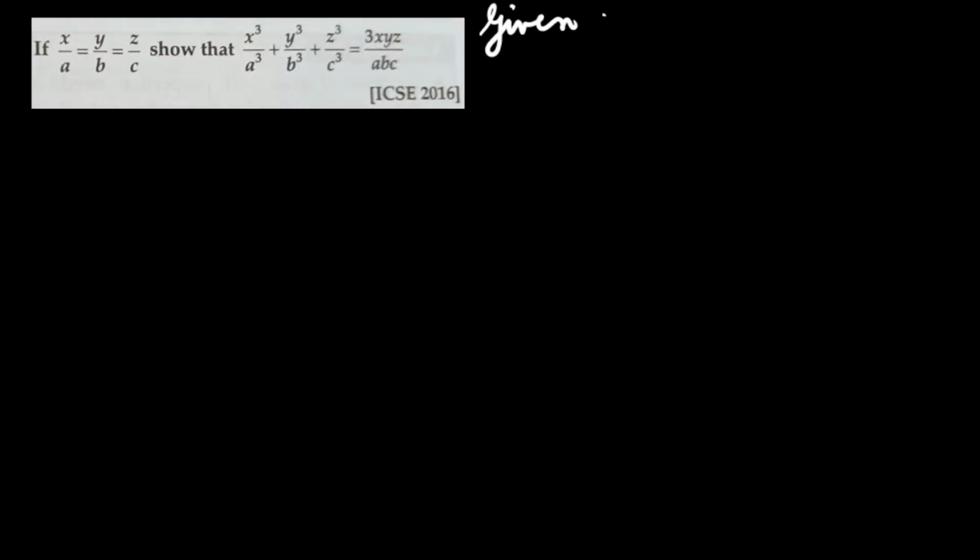Given is x by a is equal to y by b is equal to z by c. So three fractions are equal to each other. This is what we have to prove. I'll just take the left hand side of this one.